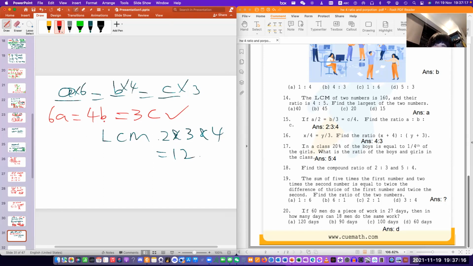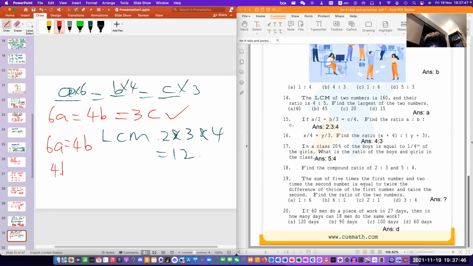That means B is the second biggest, and A is the smallest. Okay. So in fact, for the ratio of these 3, let me write down 6A is equal to 4B.